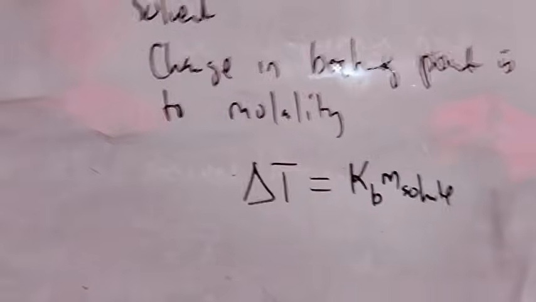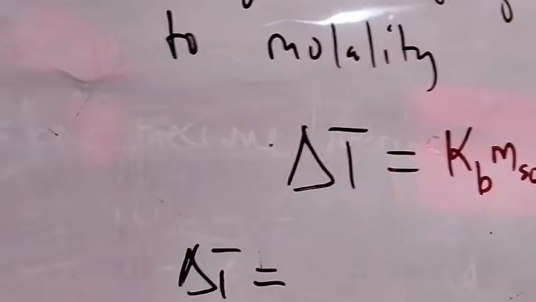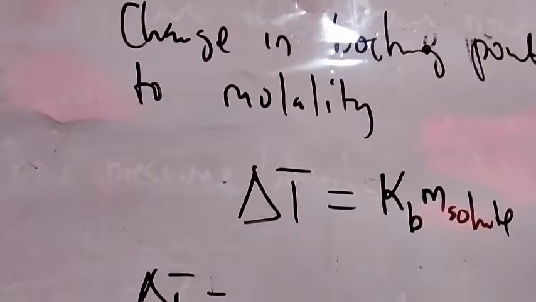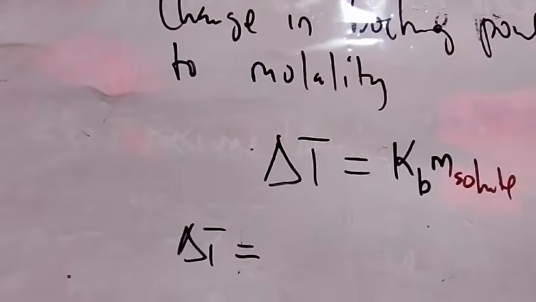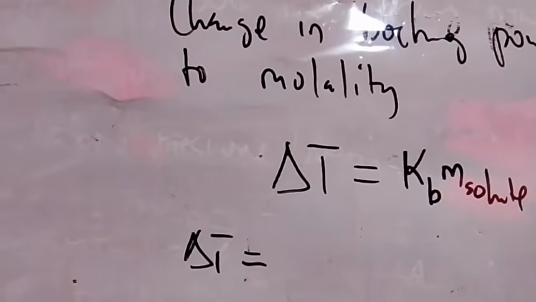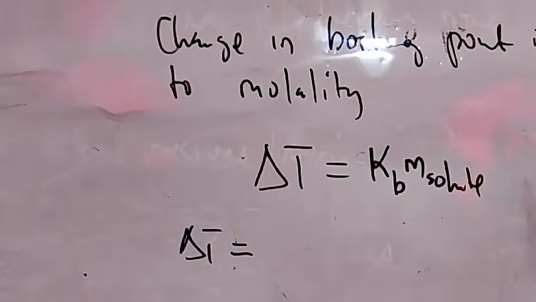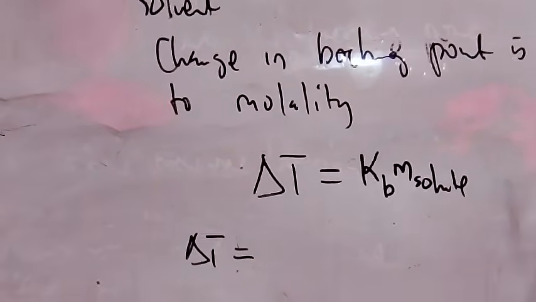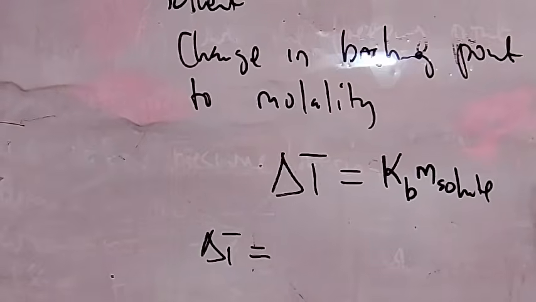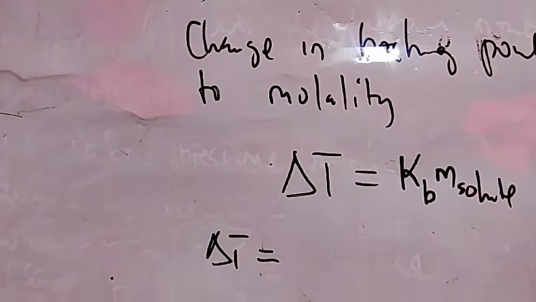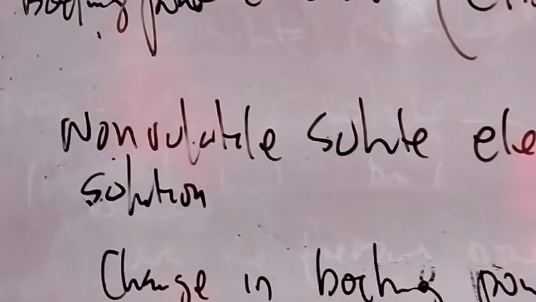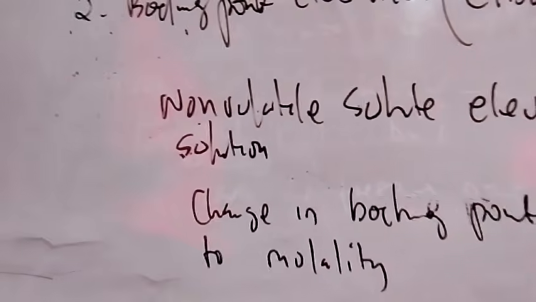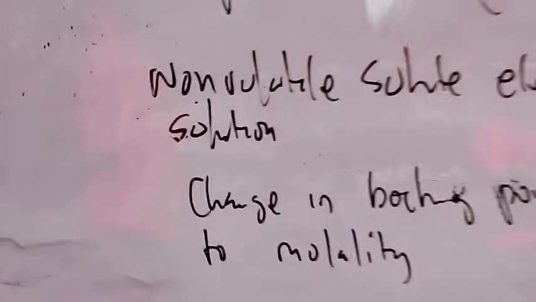Delta T is the boiling point elevation, or the difference between the boiling point of the solution and that of the pure solvent. In fact, here it is supposed to be the solution: the one that is elevated is the boiling point of the solution and not the solvent.